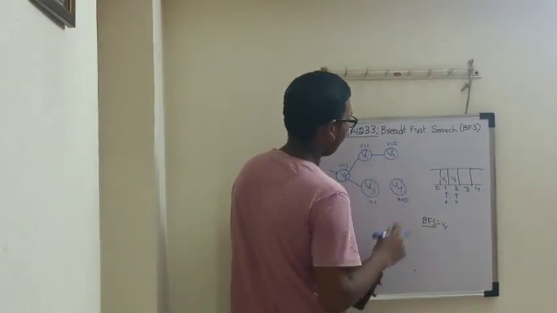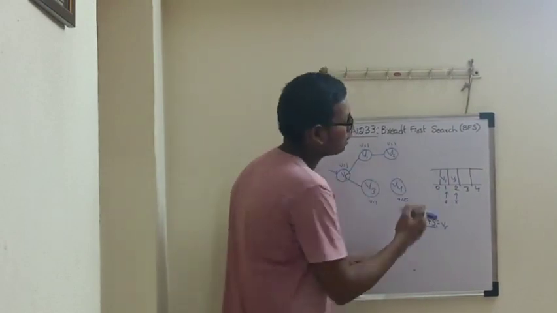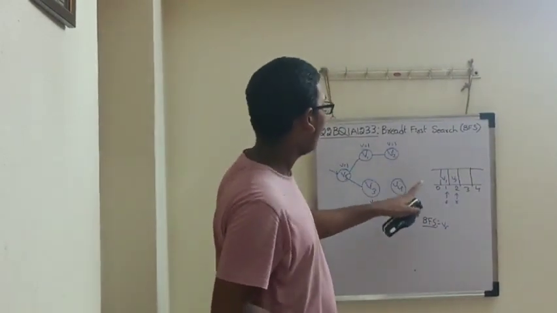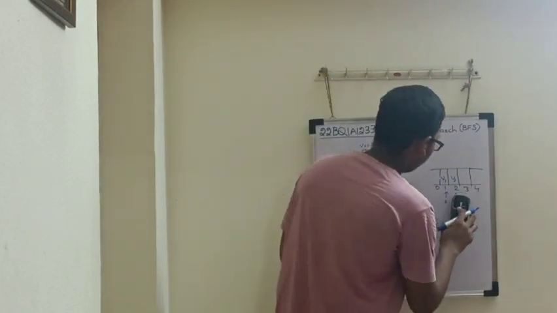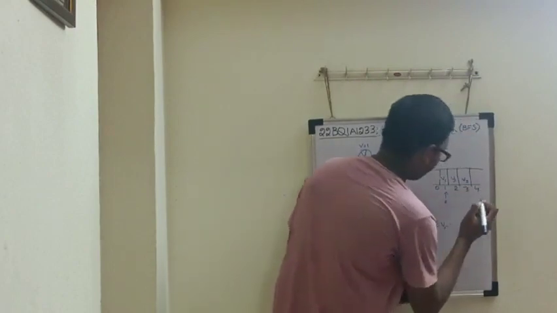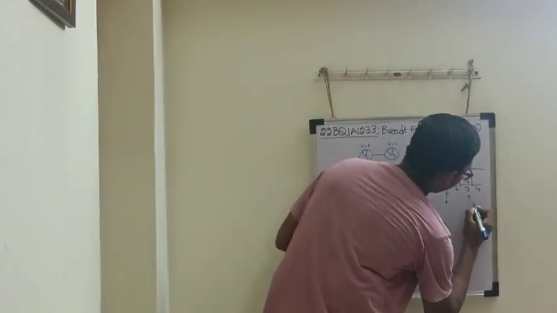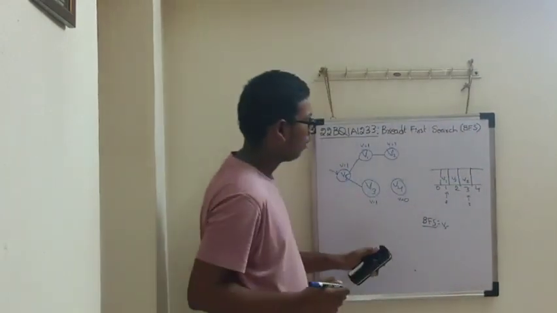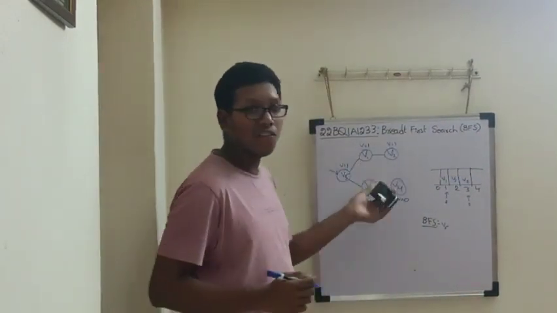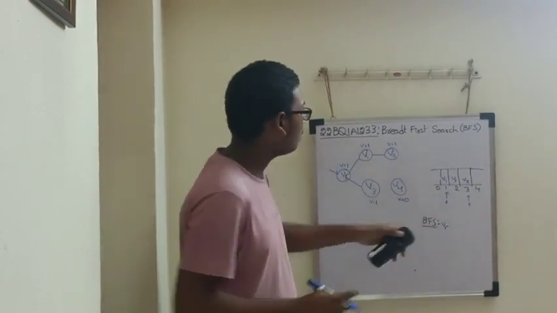So here I visited V2, I made visited of V2 equal to 1 and I am pushing it into the queue. So as there are no other non-visited adjacent vertices to V1, I am popping and adding it to the BFS.